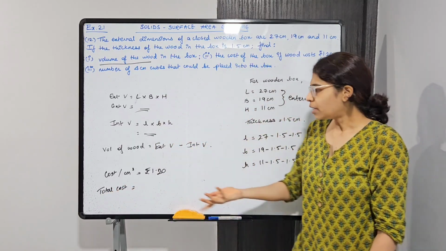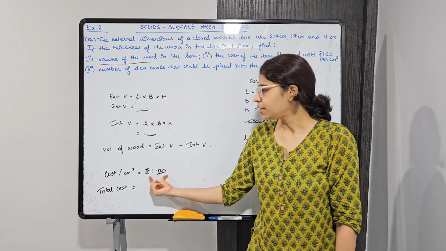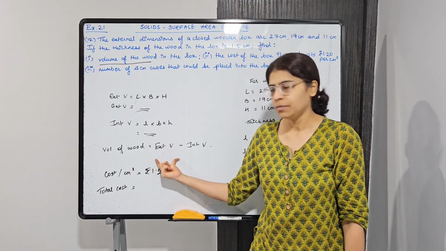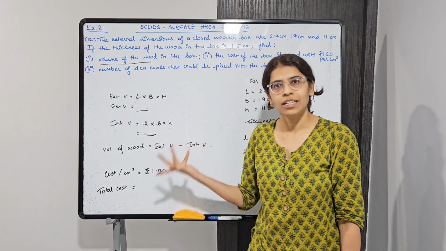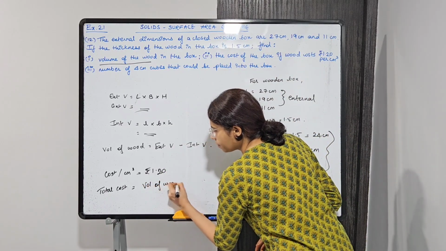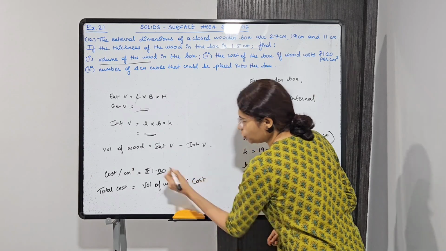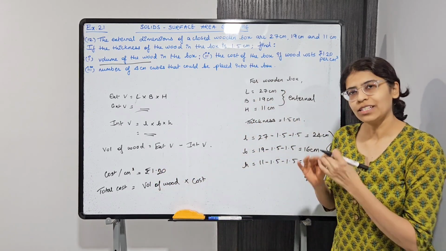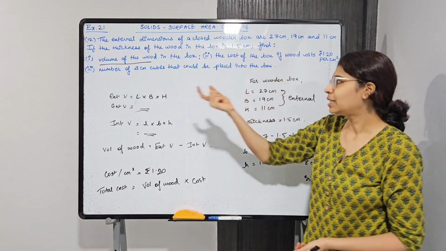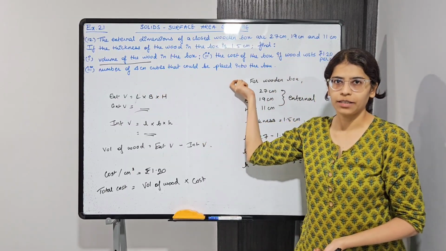It is nothing but the cost per cubic centimeter into the volume of the wood. जो भी volume मिलेगा into the cost. Very easy. So it will be nothing but the volume of the wood into the cost per cubic centimeter. Extremely easy. Alright. So first and second part के लिए पहले solve करते हैं, then we'll see how to solve the third part.